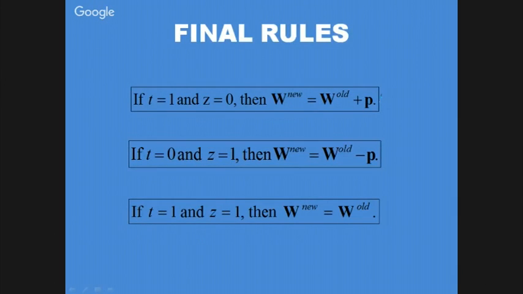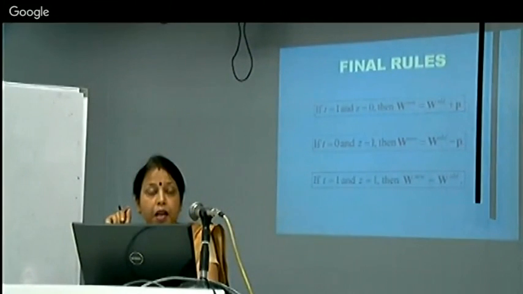So the final rules say that if t is equal to 1 and z is equal to 0, then W new equals W old plus P. Here P is the input of the neuron, that is Xi.